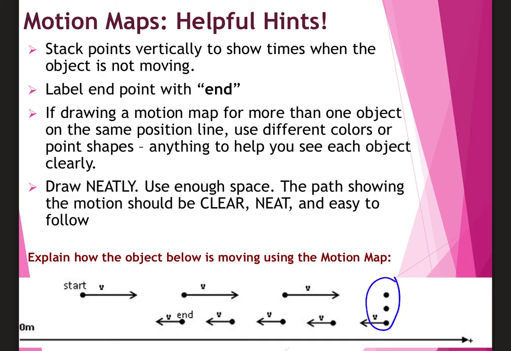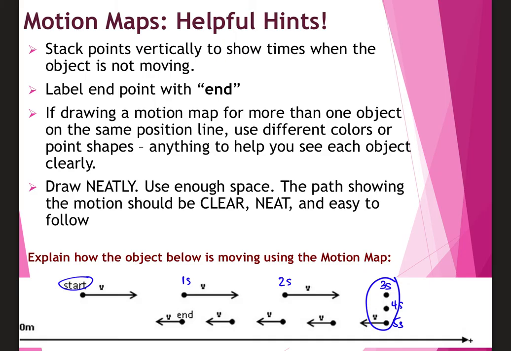We start over here. We travel 1 second, 2 seconds, 3 seconds to the right. Then we pause at 4 seconds and we stay in the same position. And then at 5 seconds, we stay in the same position.